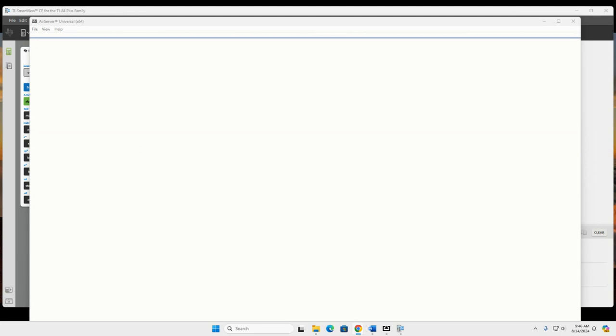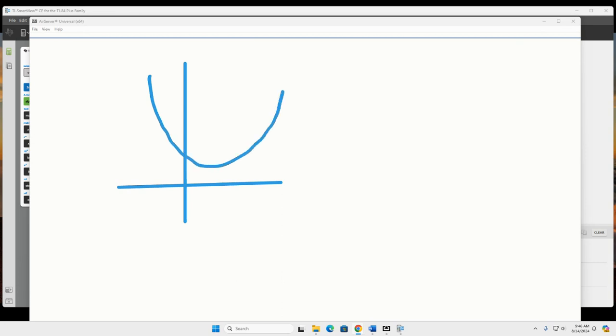So if I had this quadratic equation graphed, and then this was -1, and we'll say this is 3. And you are asked to find the average rate of change on the interval from -1 to 3. What you're asked to find is, whoa, I did not draw that very well.